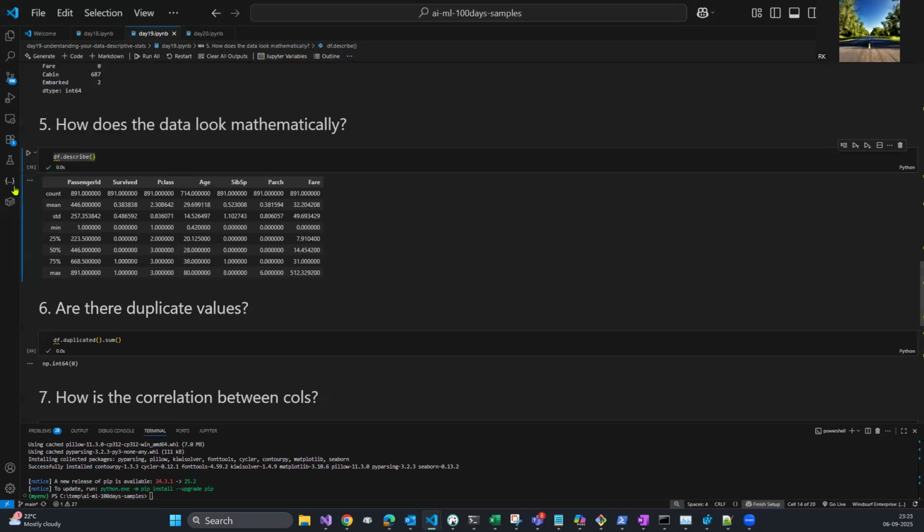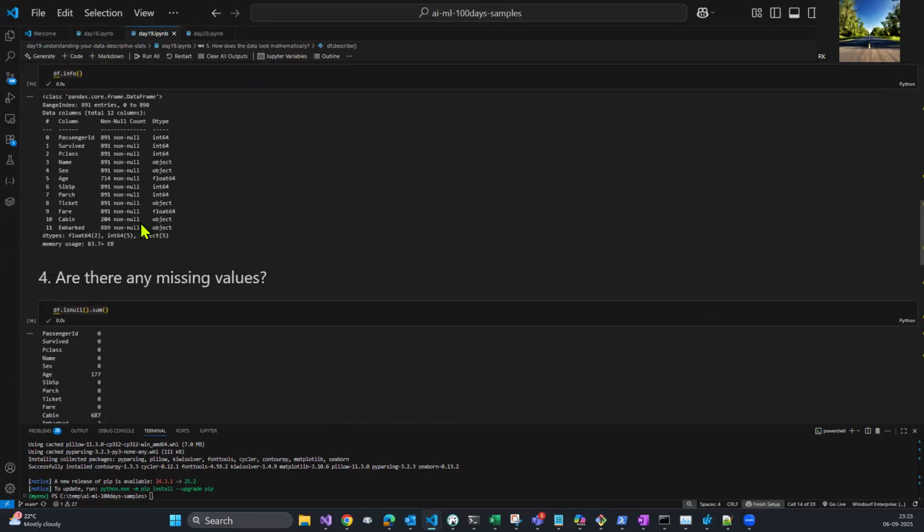For example, once we describe that, in the data set we will get the count, meaning the count of all the values. In the sense, the total count of PassengerId is 891.